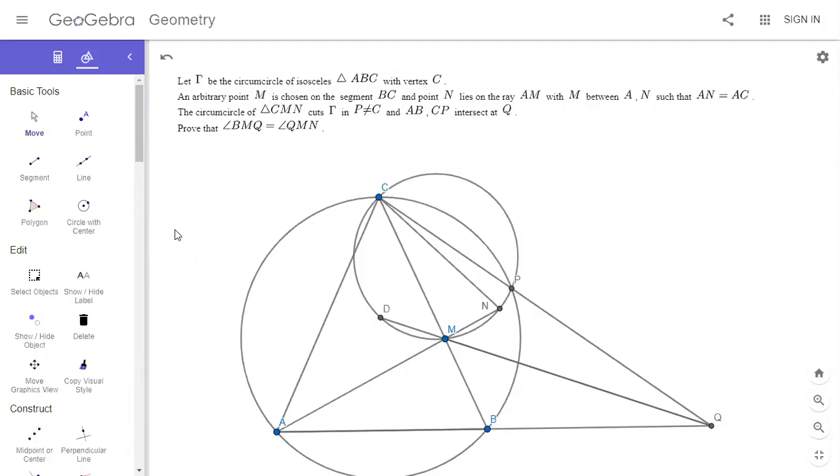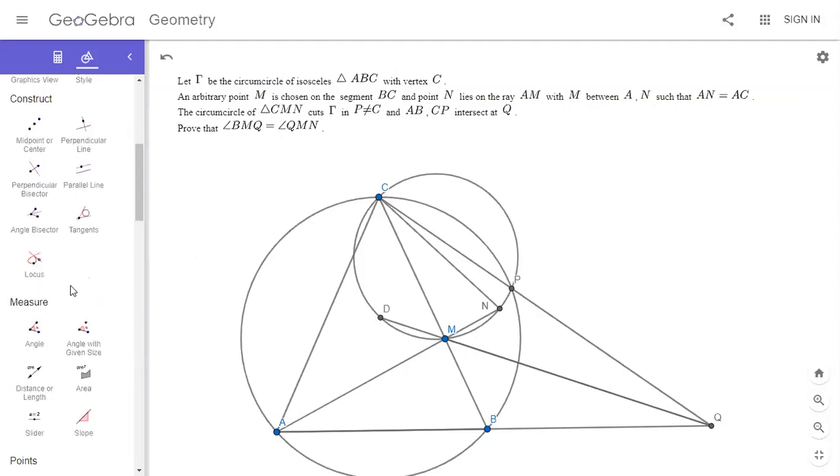What were the points you were saying? A, B, M, and D. Okay, so you're saying A, B, M, and D would be cyclic. Let me just think about that. Is that power of a point? Yes. No, that's radical axis theorem. Okay.